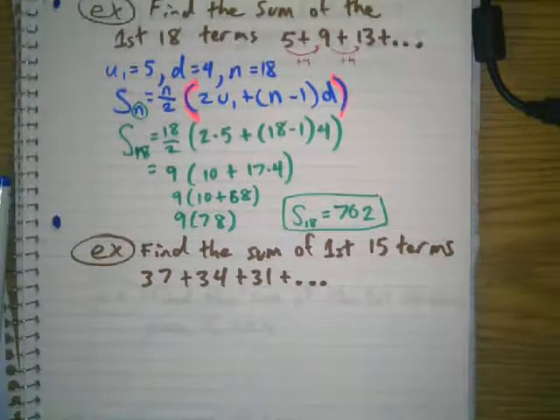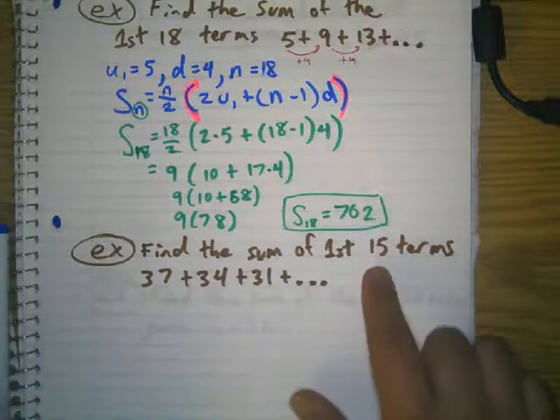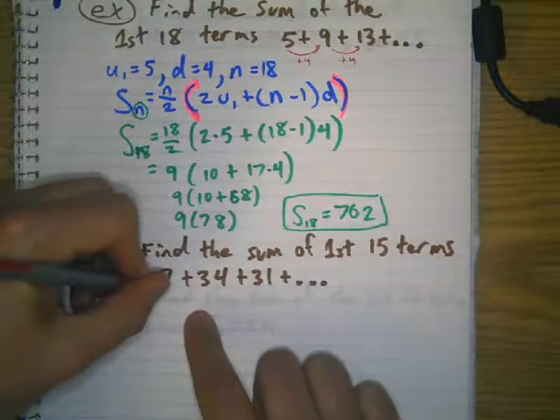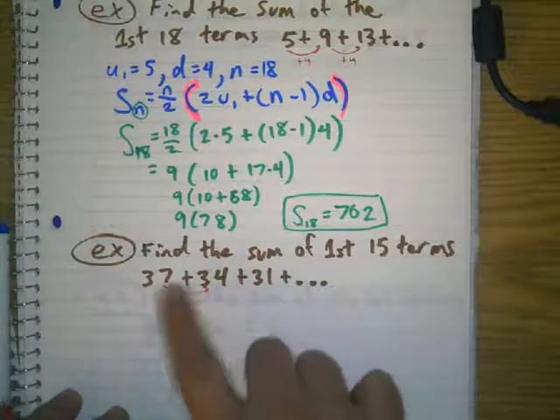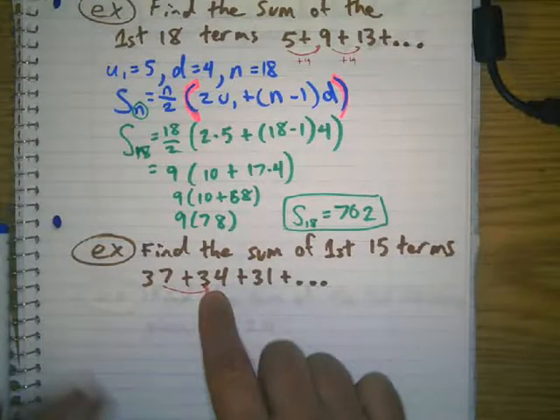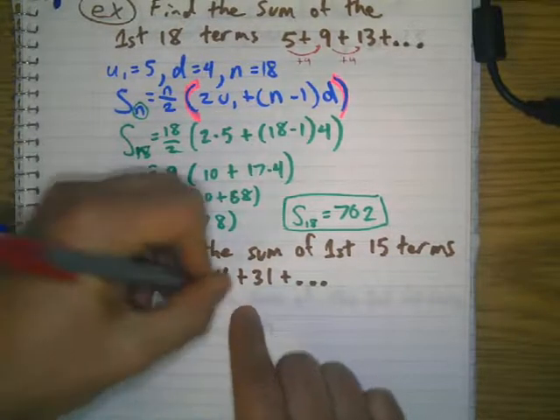Okay, let's do a similar question and then we'll move on. Okay, find the sum of the first 15 terms. Now in this case, it's not going up, is it? It's going down. So how much is it going down? 37 minus 34, it's going down 3.